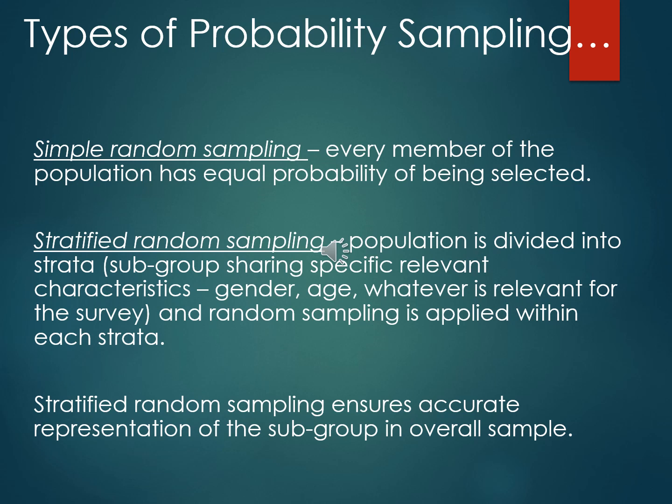So it creates the strata, so that all the different kinds of minority groups are guaranteed to make it to the final sample. The only difference is it's randomly selected from each stratum. Stratified random sampling therefore ensures more accurate representation of the subgroups in the overall sample, but it's more expensive.